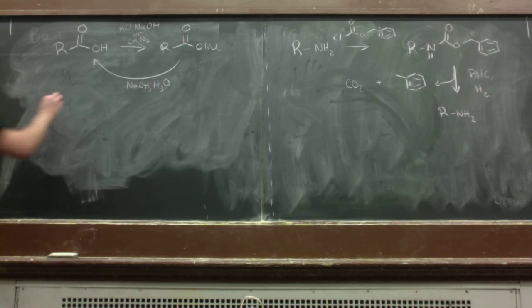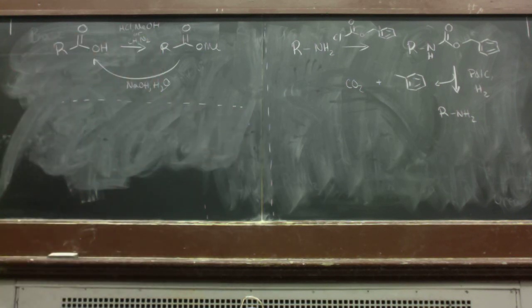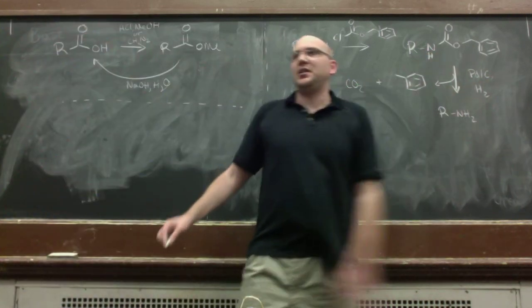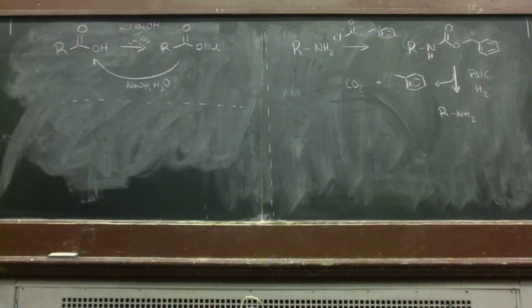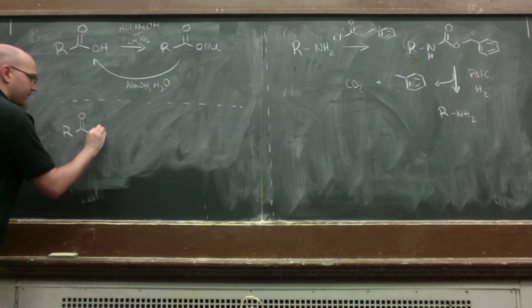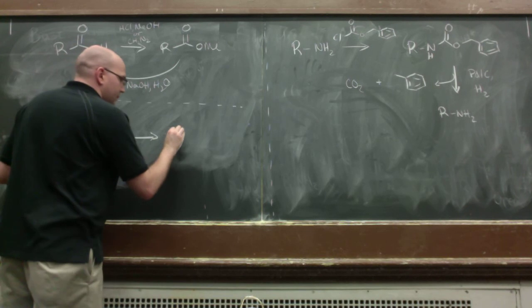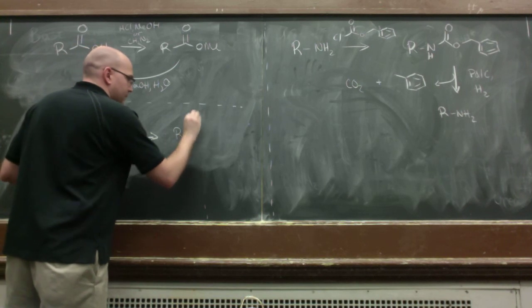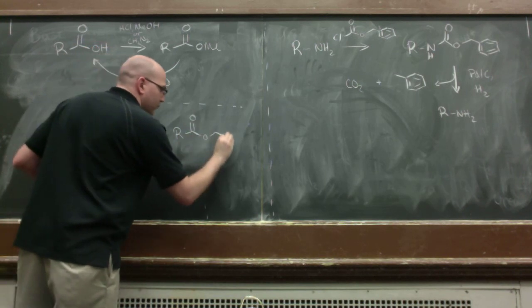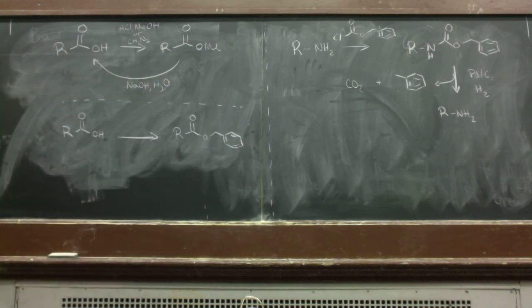Say, for example, we wanted to put a benzyl ether on there, right? In that same way, we've learned about benzyl alcohols. What if we wanted to put a benzyl ether on there?